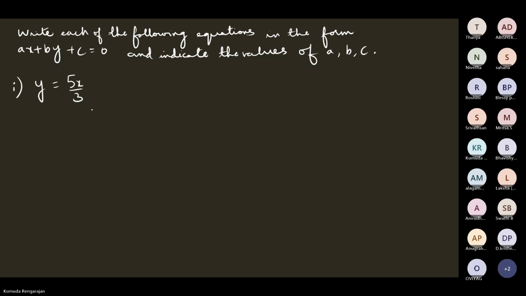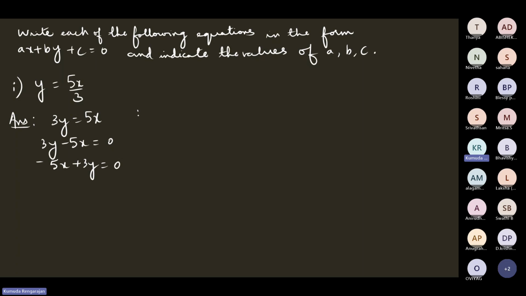Yeah, children. So first is to write the equation in the form ax plus by plus c is equal to 0. So cross multiply: 3y is equal to 5x. Okay. So 3y minus 5x is equal to 0, or minus 5x plus 3y is equal to 0.